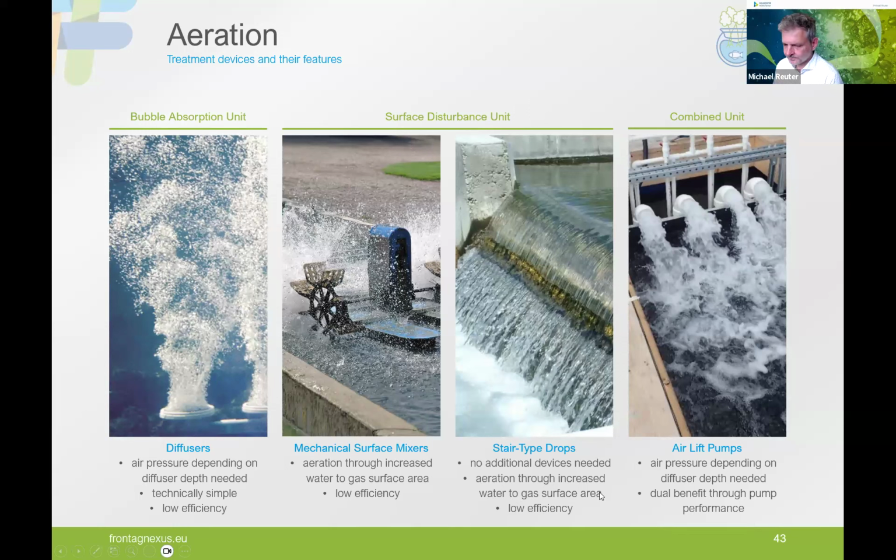And some kind of a combined unit, as I call it, is an airlift pump that helps us to lift the water level in our system. With low head systems, this might be the only way that we lift the water to gain head in our system.